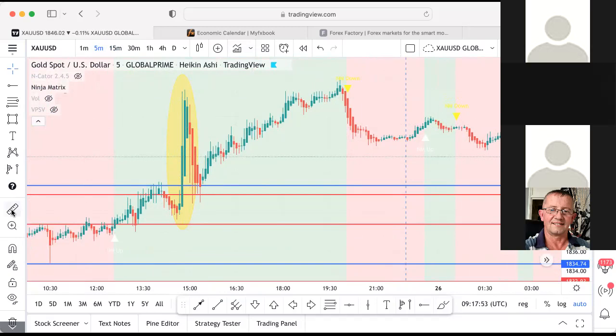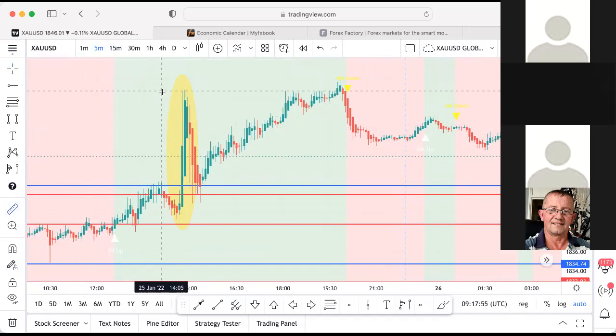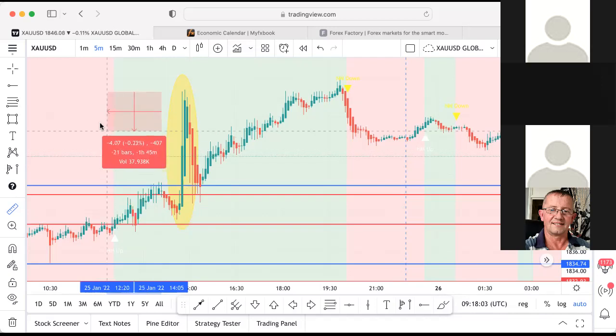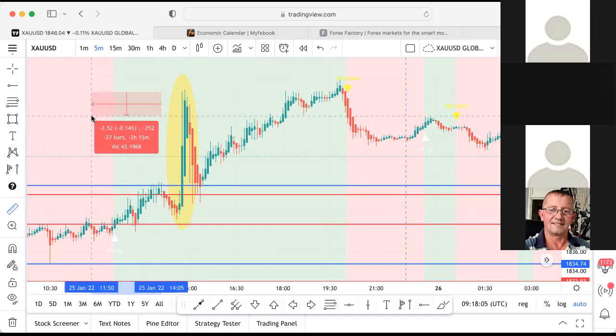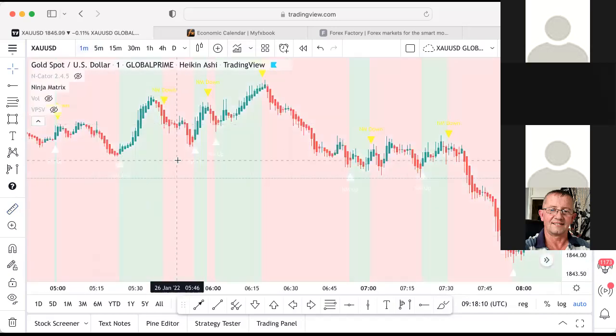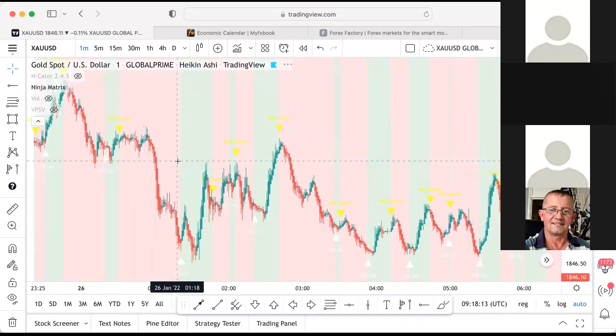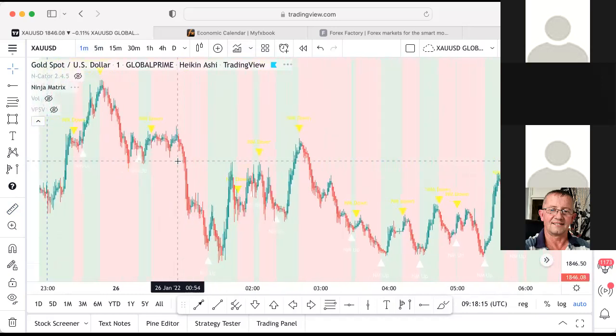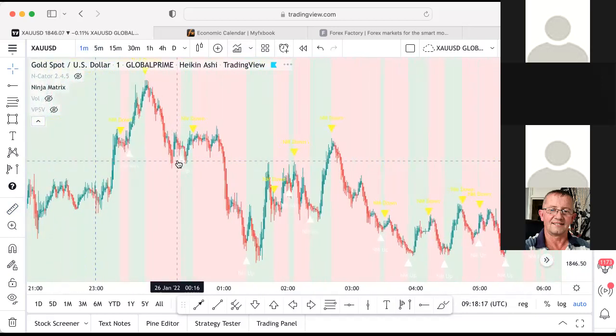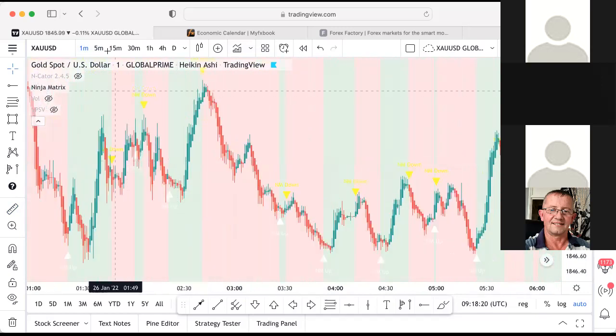Just measure that again from the top of that wick down to the start of the candle was 119 pips, and that was one 5-minute candle, not one 15-minute candle. But then I went down to 1 minute, and if I can find it again, I should have marked it.